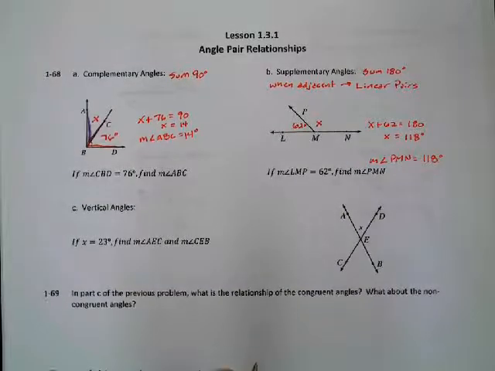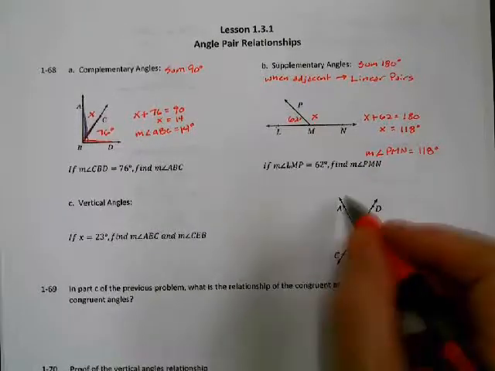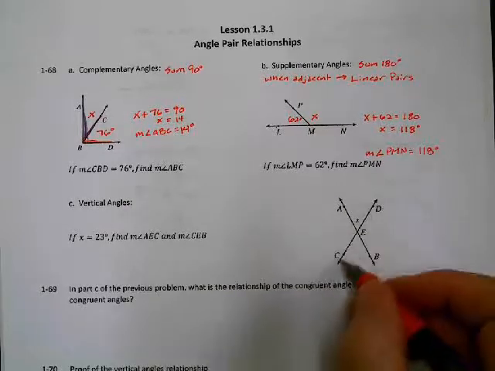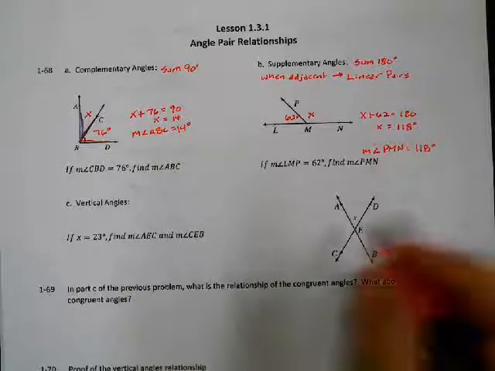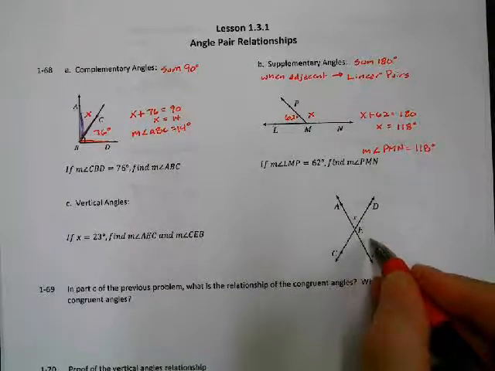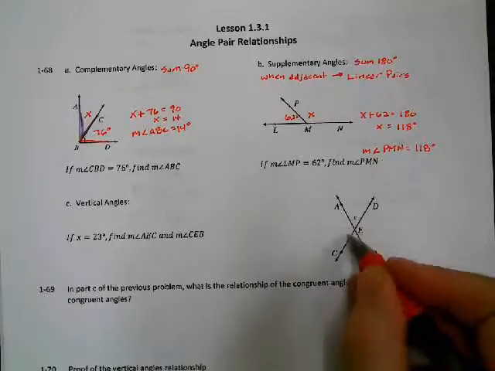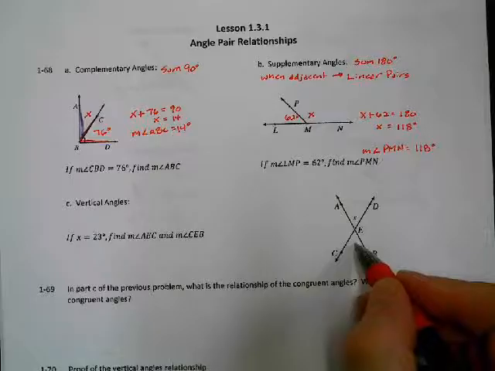Sweet. Vertical angles. Vertical angles are non-adjacent angles when two lines are crossing each other. Non-adjacent means they're not right next to each other, because if they're adjacent, these two are linear pairs, and these two are linear pairs. Non-adjacent would be like this x one and the one across from it.